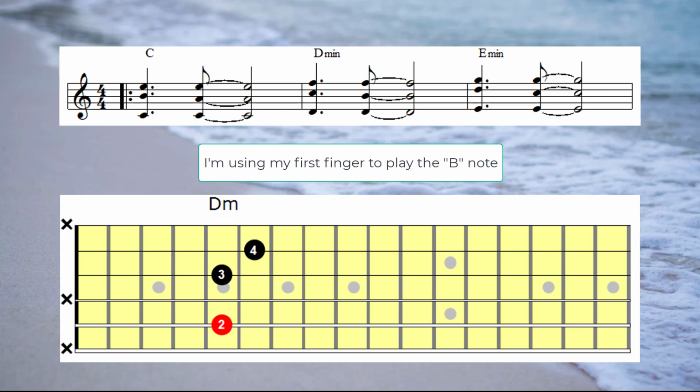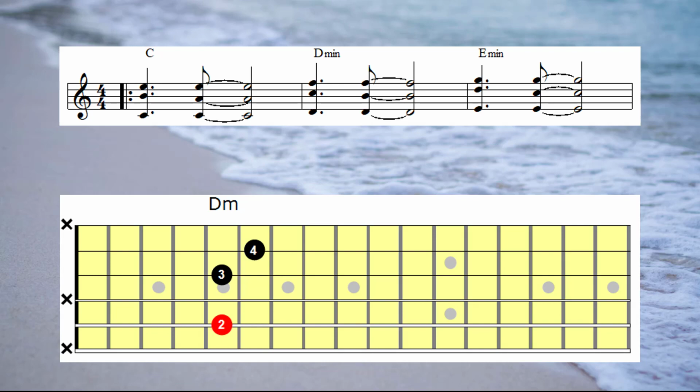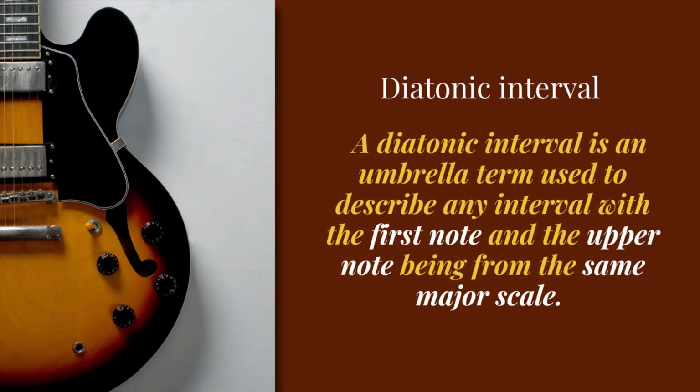Just one thing I'd like to mention before we go ahead and try this out is that when I'm referring to a 6th, in this instance I'm referring to a diatonic 6th.